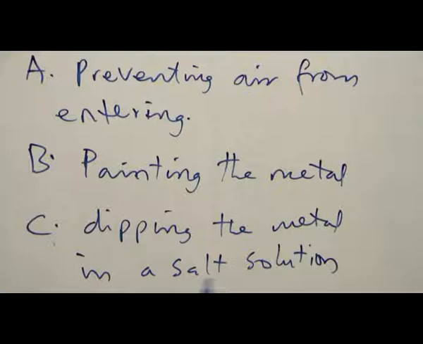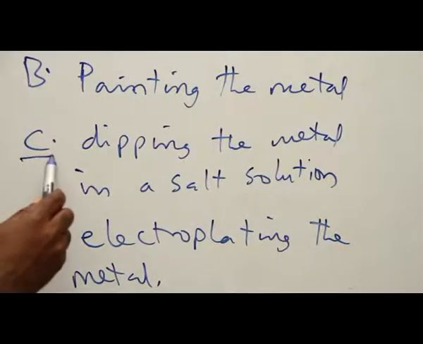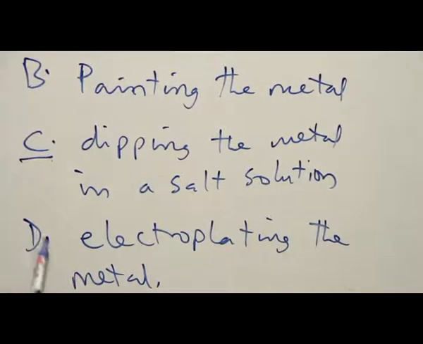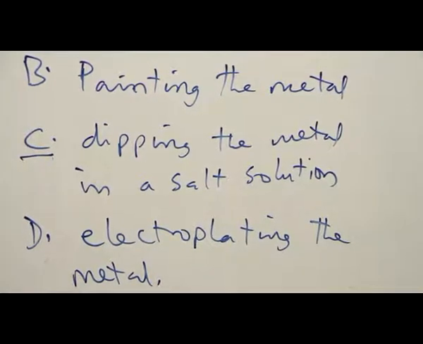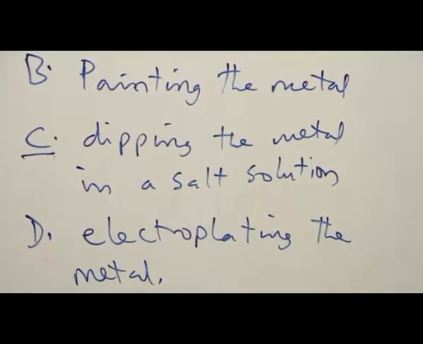Option B cannot be the answer because painting the metal will prevent corrosion. Option C is the correct answer because dipping the metal in a salt solution will increase corrosion. Option D cannot be the answer because electroplating the metal will prevent corrosion.